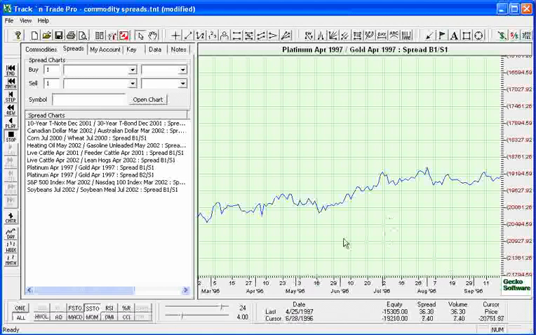Move your cursor around so I can see the spread values. We want to go all the way to that lowest low back there in March. What was that spread trading at there? 680 to 36.30. I mean, $6.80 over.